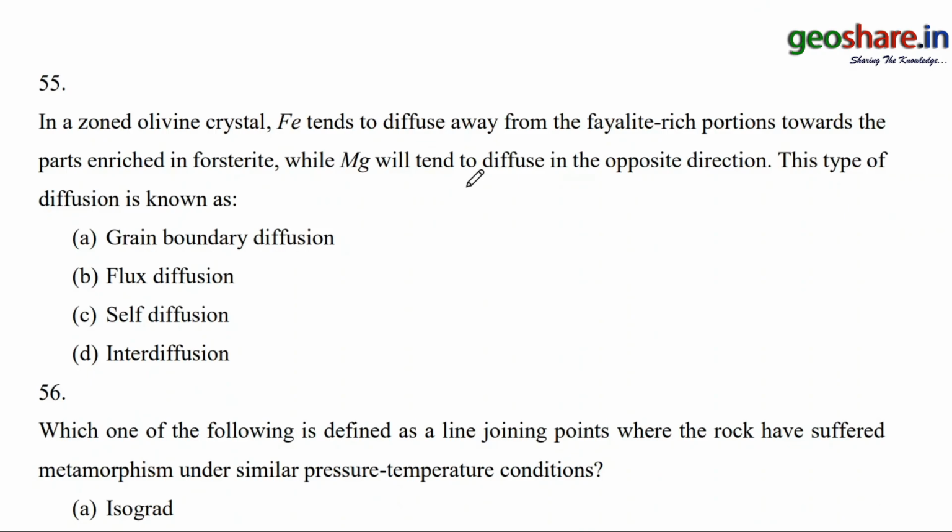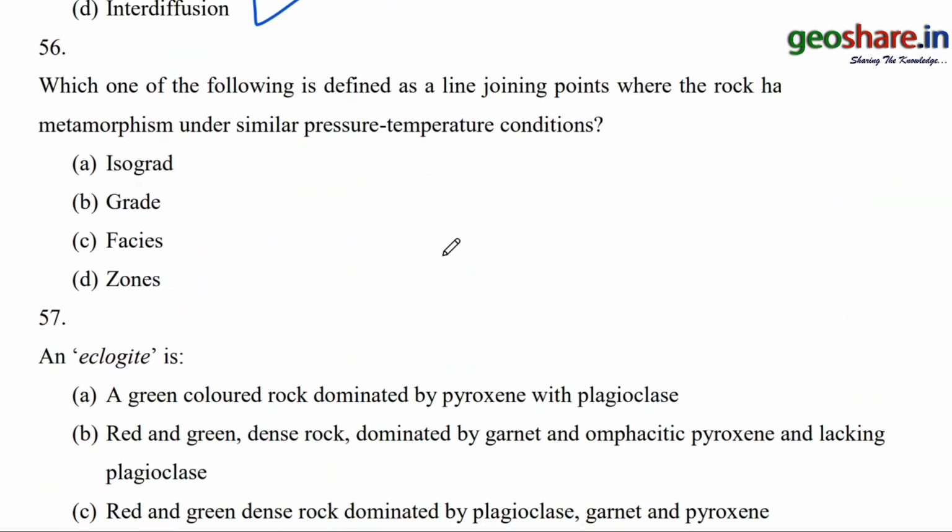In a zoned olivine crystal, Fe tends to diffuse away from the Fe-rich portion towards the parts enriched in Mg, while Mg will tend to diffuse in the opposite direction. This type of diffusion is known as interdiffusion. Which one of the following is defined as line joining points where the rocks have suffered metamorphism under similar pressure temperature condition?